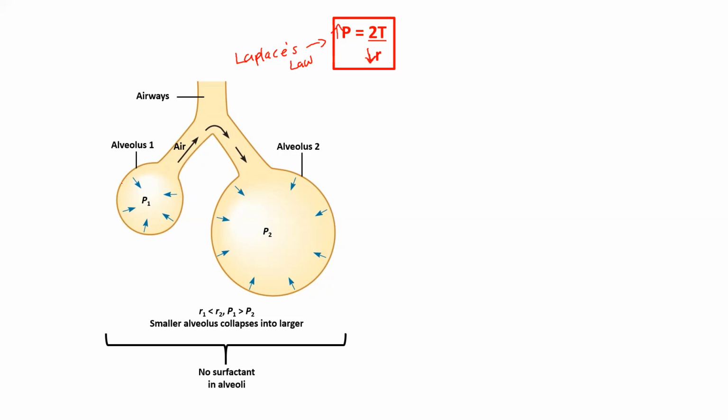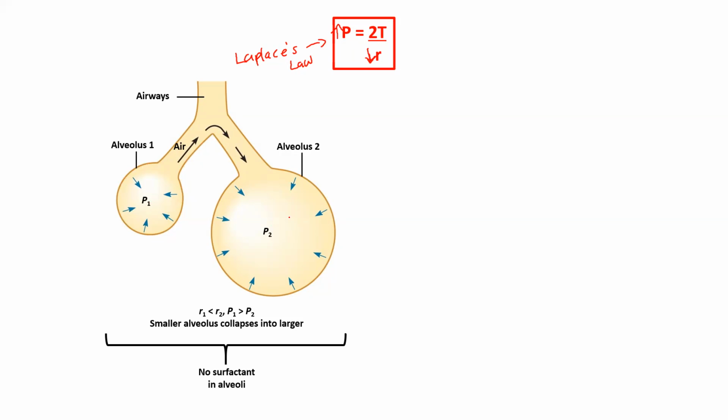So this smaller alveolus 1 has a smaller radius, therefore it has a higher pressure, okay? If we think about alveolus 2, the opposite is true. It has a larger radius, therefore a smaller pressure, right? So we've got a high pressure in alveolus 1 and a low pressure in alveolus 2.